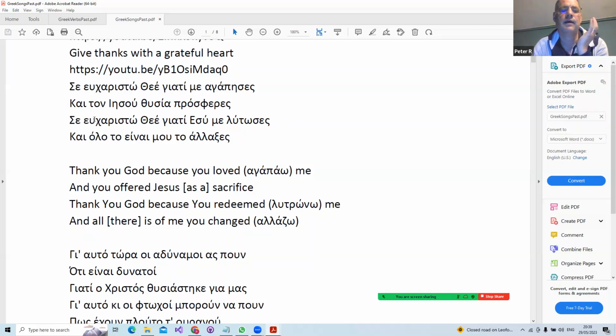Σε ευχαριστώ, Θεέ, γιατί εσύ με λύτρωσες και όλο το είναι μου το άλλαξες.